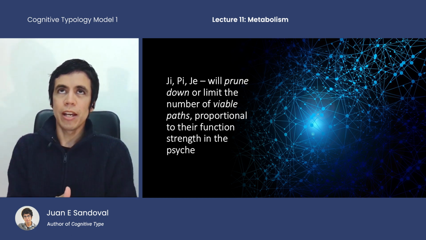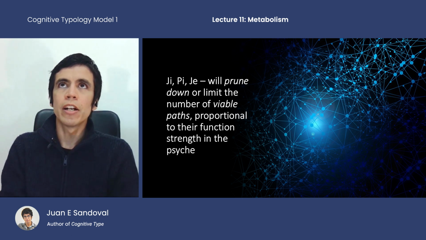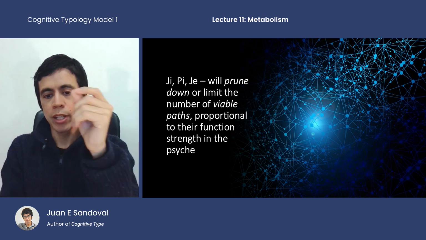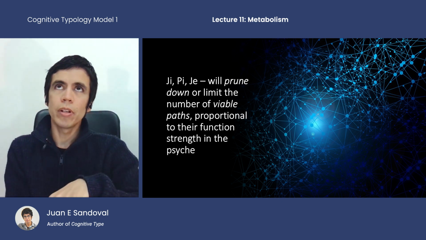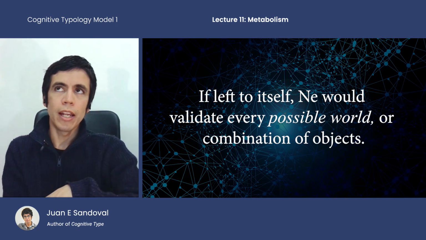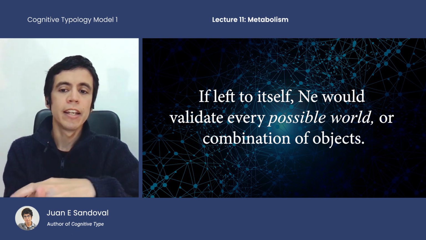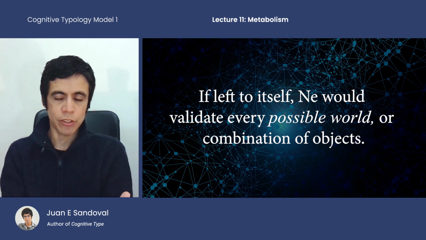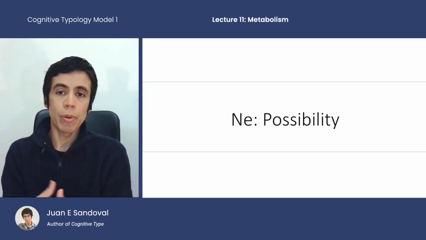But if you just had undiluted pure NE by itself, it would have no trouble associating any point with any other point in this hub space, in this latent space. And so if left to itself, NE would allow the existence of, and it would validate every possible combination of objects, which is why the name of NE is possibility.